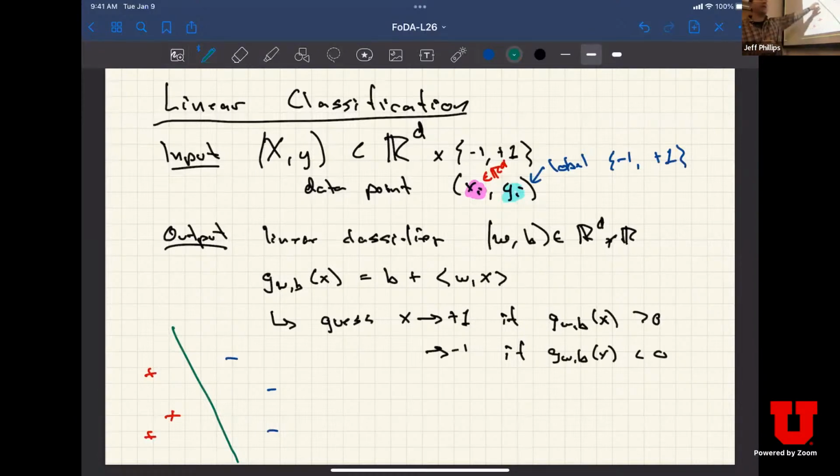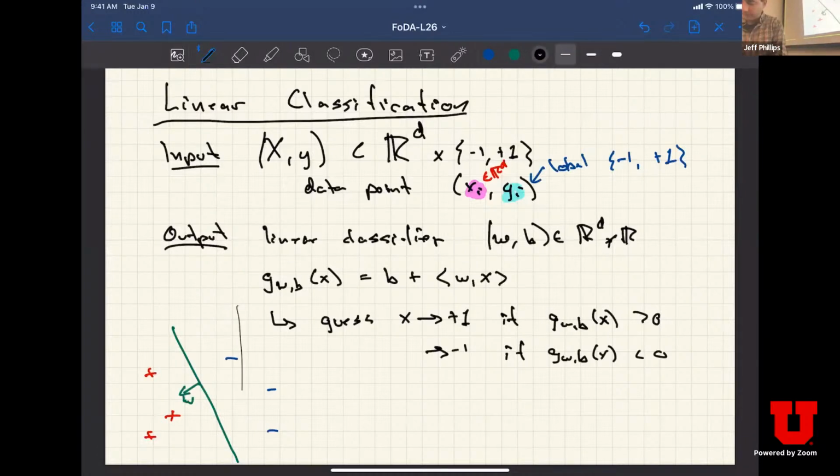So a linear classifier in 2D gives a line, but it's really a separator. It's a hyperplane, a D-1 dimensional plane in higher dimensions. And the normal direction of this is controlled by W, and B controls the offset.